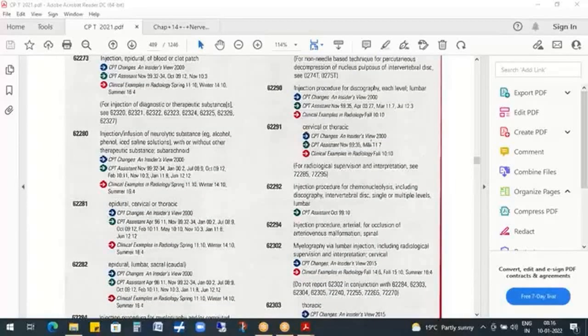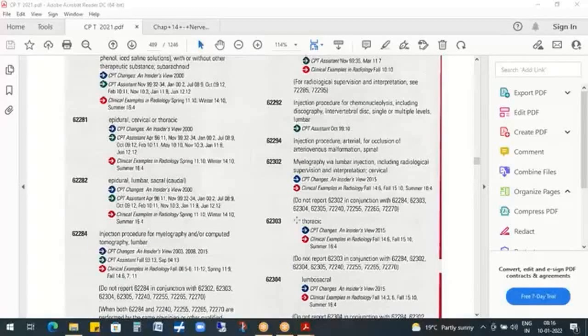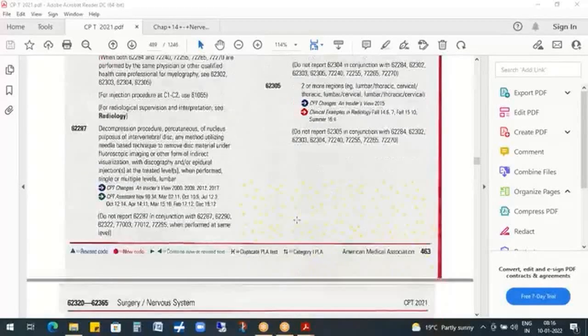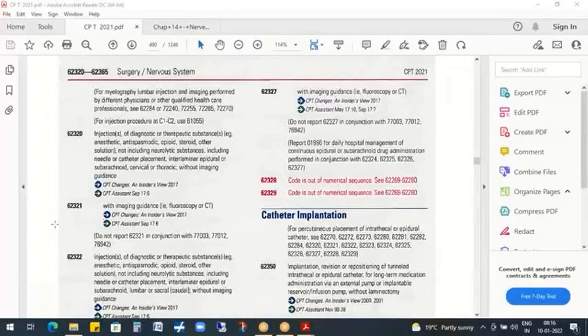What is the code description? That is epidural or interlaminar steroid injection. That is the common procedure done in outpatient. Are you able to see the code 62321, everyone?